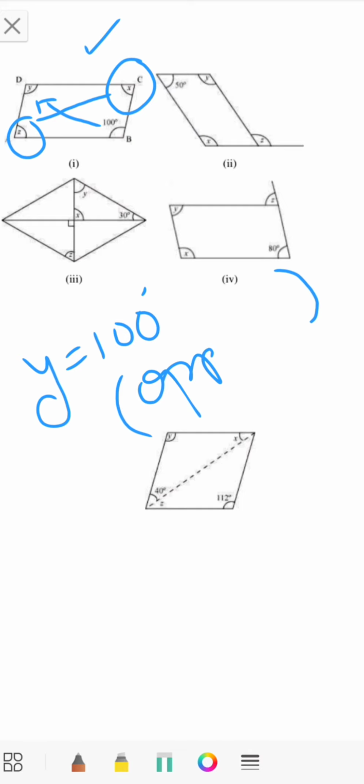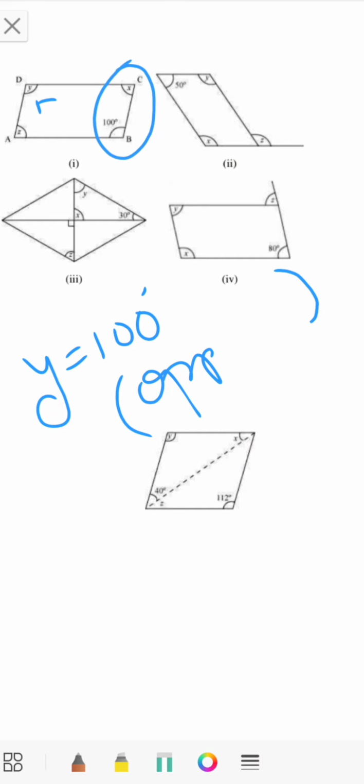If I had any one of them, I could easily get the remaining one directly by the opposite angle property, but here I don't have either. So what will we do? In this case, we will use another property of the parallelogram. The other property is that the sum of adjacent angles is 180 degrees.